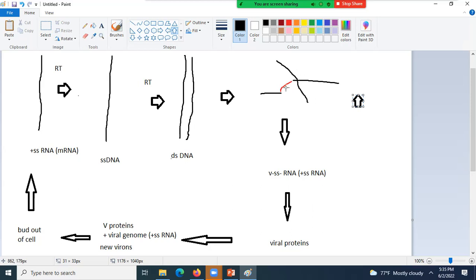So when this cell replicates, it will replicate the viral genome as well as the chromosomal DNA. All right. In animal cells, that's not a big way that viruses replicate.